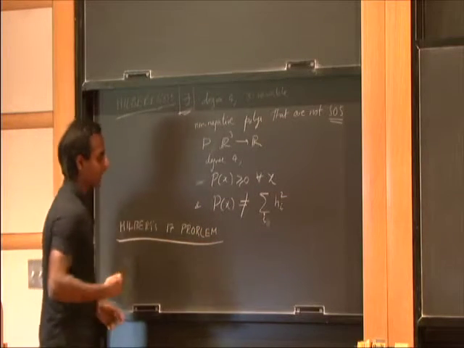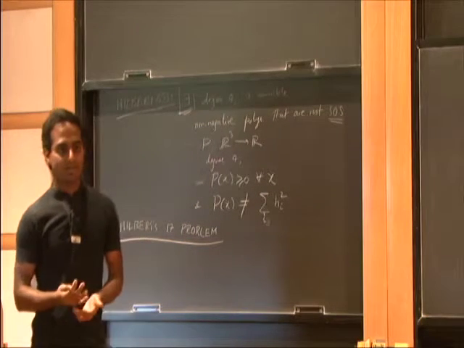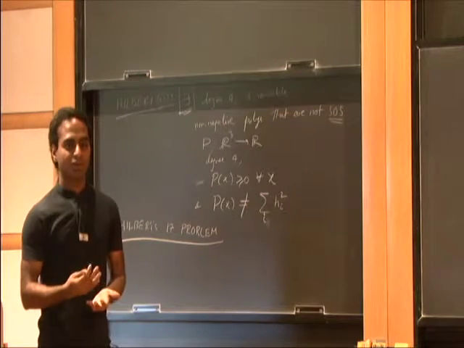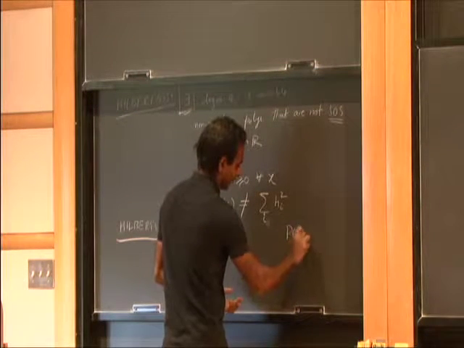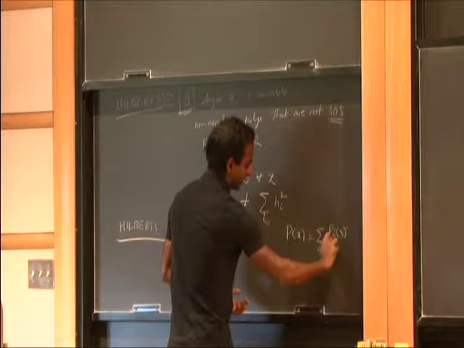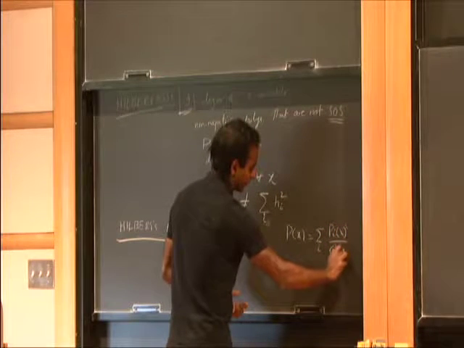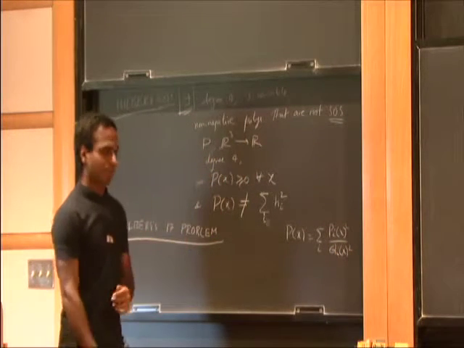So there is one other case where a polynomial can be easily seen to be non-negative. It is the case where it's a sum of squares of rational functions. Okay, so if p is summation i of p_i of x squared by q_i of x squared, okay, then it is clearly non-negative.